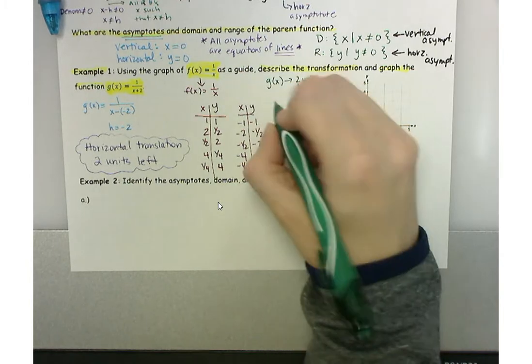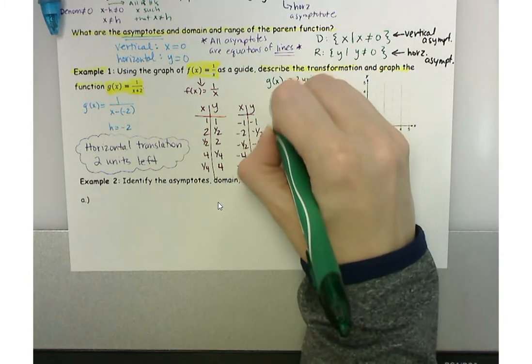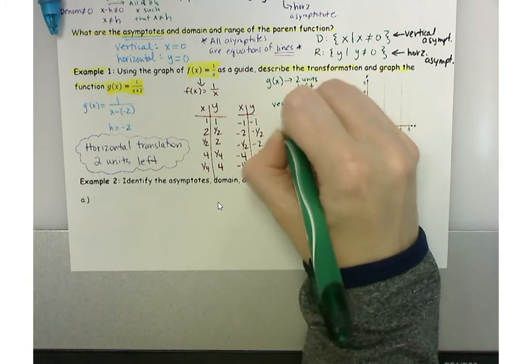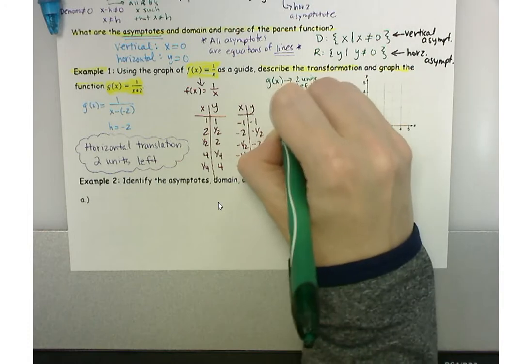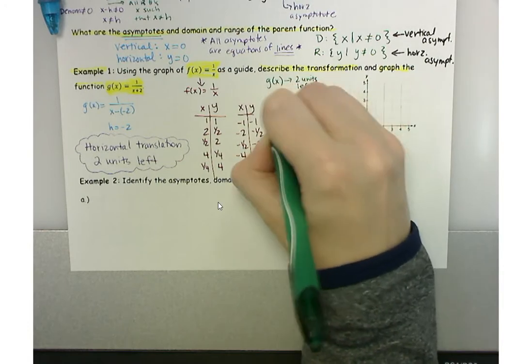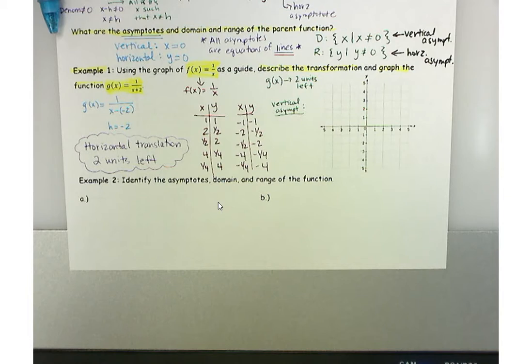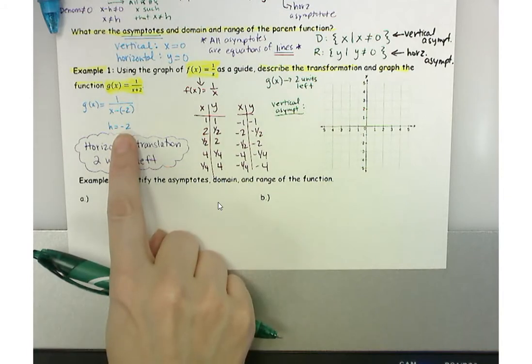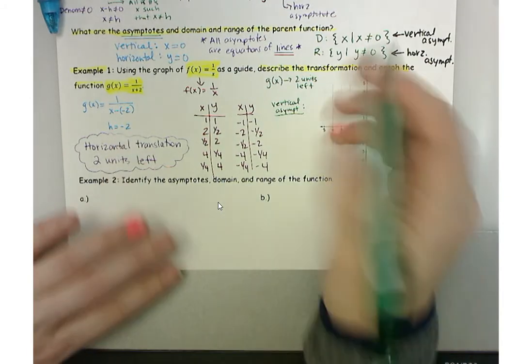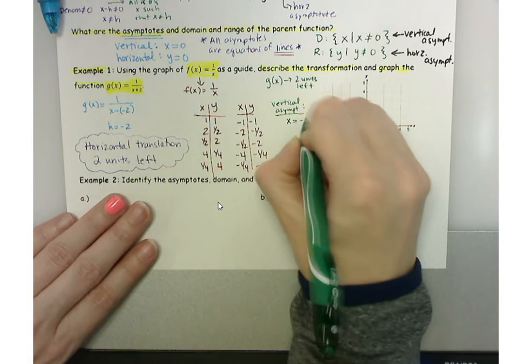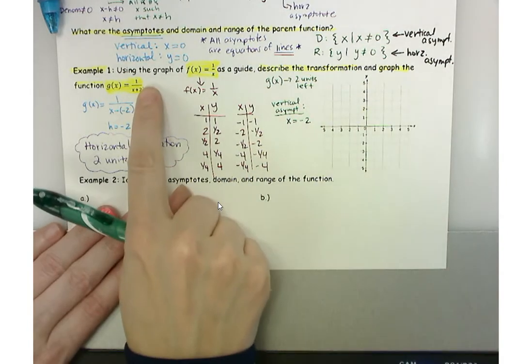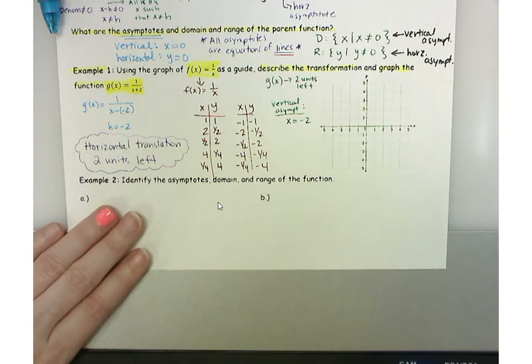The k value will be added to the outside of the function. So what that would look like if you had a k value that wasn't 0 is something like this. We don't have anything added on the outside, which means the horizontal asymptote is just y equals 0.